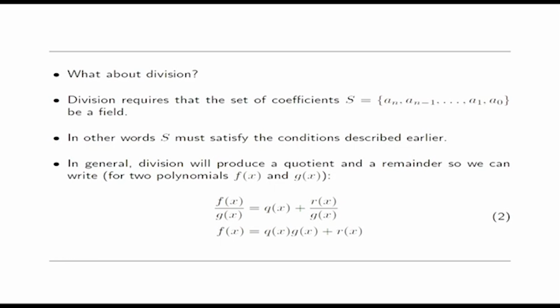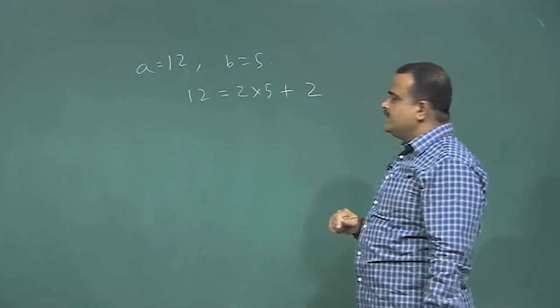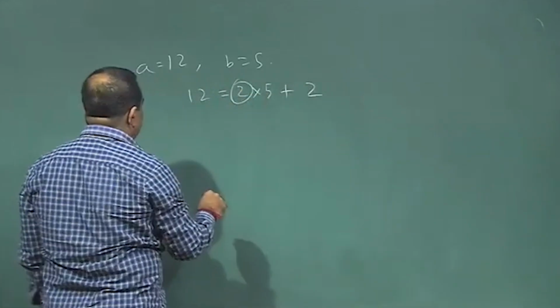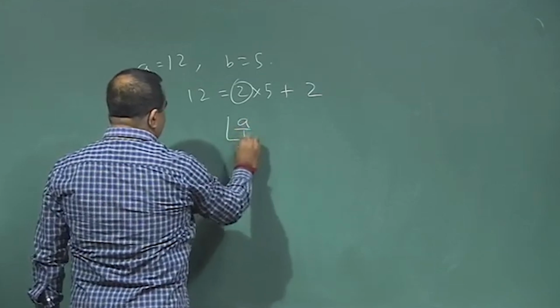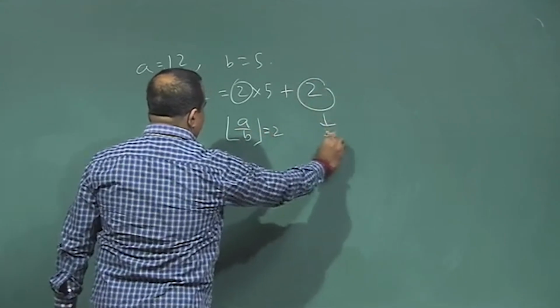We want to divide 12 by 5. So, 12 can be written as 2 into 5 plus 2. So, this 2 is basically the quotient, a by b, and the other 2 is the remainder.